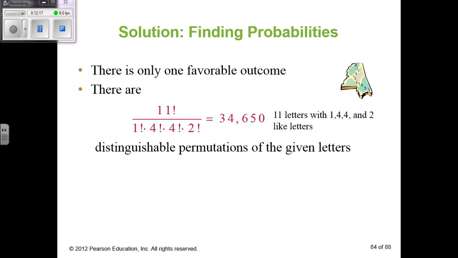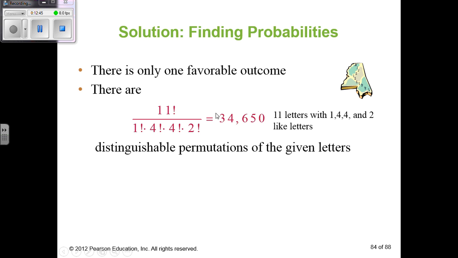So we had 11 letters in Mississippi. Of those, we had one M. We had 4 I's, 4 S's, and 2 P's. And so we divide out the 1 factorial for the M, the 4 factorial for the 4 I's, the 4 factorial for the 4 S's, and the 2 factorial for the 2 P's.